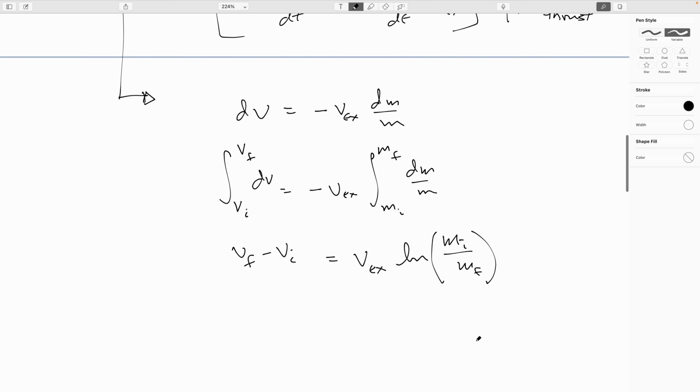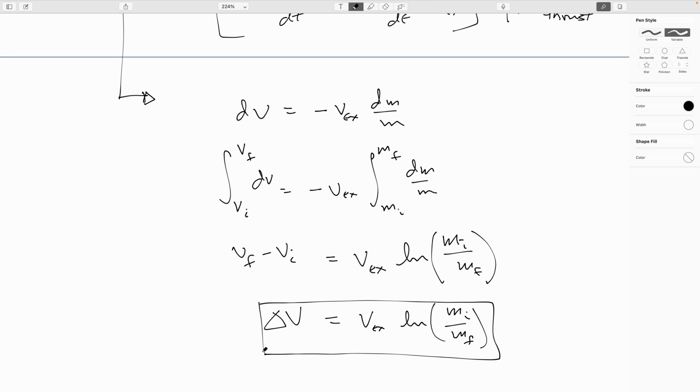So I can turn this into the change in velocity of the rocket if I want. And that is Tsiolkovsky's rocket equation.